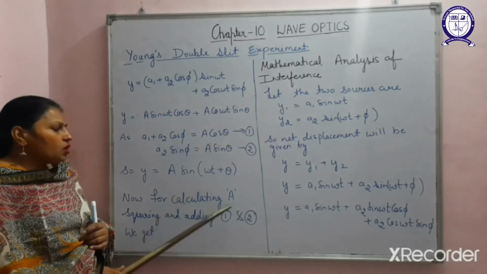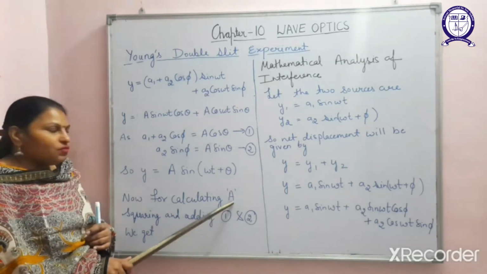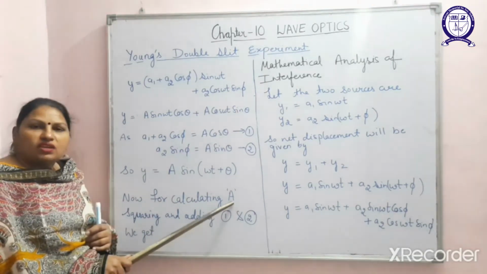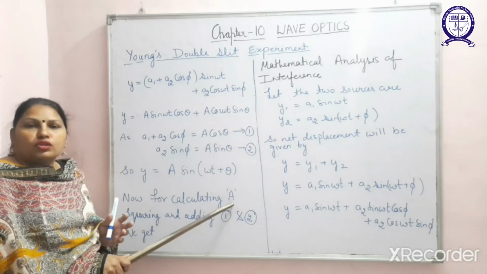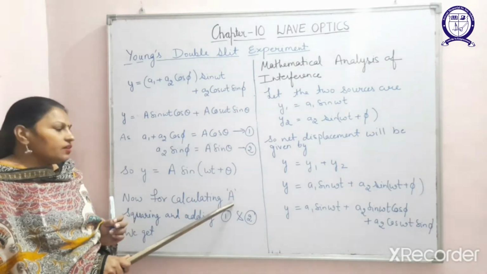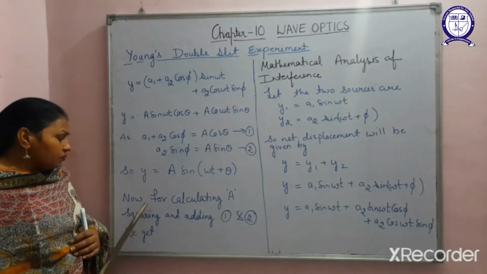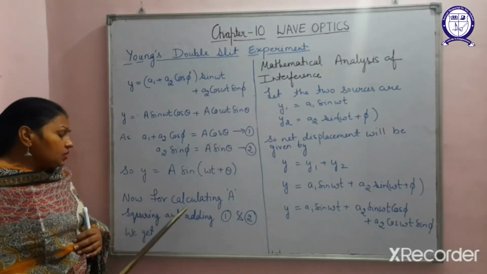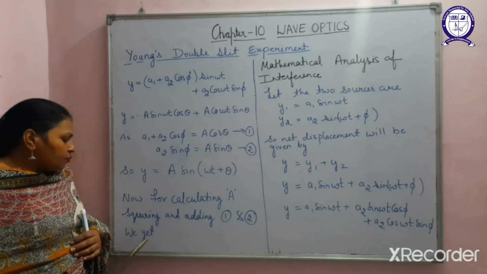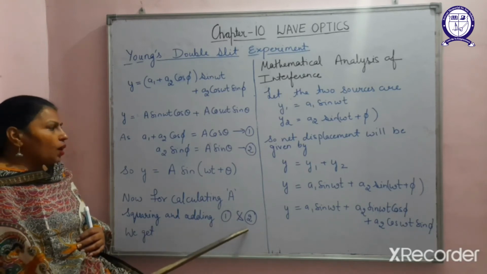After that, we want to calculate the amplitude, as we want to calculate the net intensity of the resultant wave, and for that we need to calculate A. For that, we square and add both sides of equations 1 and 2.